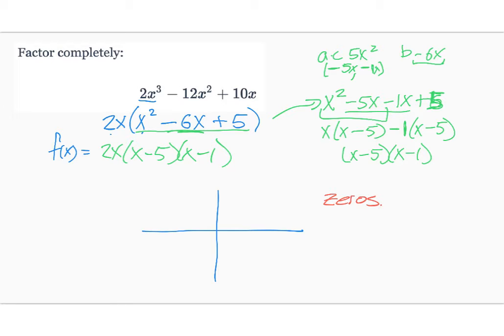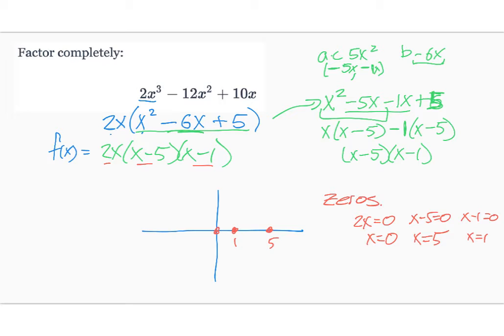And to do that, we use something called the zero product property, that when we set this equation equal to 0, the only way that can be true is if one of these three pieces were equal to 0. So 2x equals 0 gives us a zero at x equals 0. We get x minus 5 equals 0, which gives us a 0 at x equals 5. And we've got x minus 1 equals 0, which gives us a 0 at x equals 1.